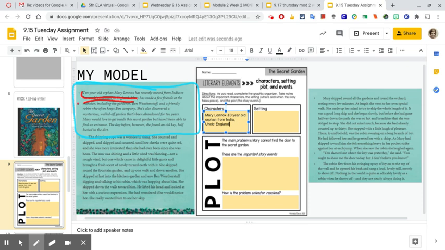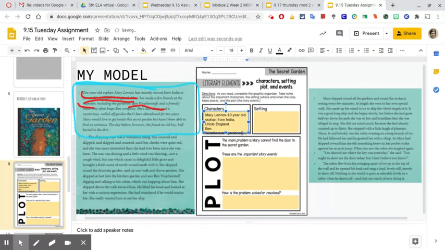So I'm guessing he's rich, this uncle, including the gardener Ben Weatherstaff. Okay, so I'm going to go back to this. And I'm also going to put that there's Ben Weatherstaff, and he's the gardener.